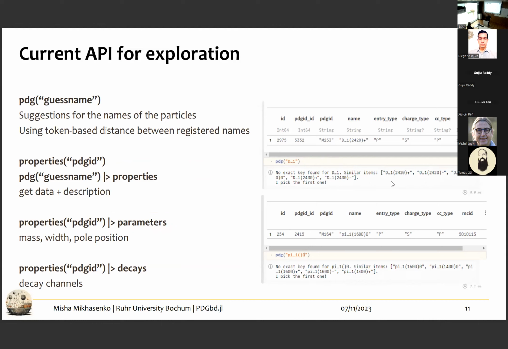Then you can correct and have the exact matching key, but you can also work with your first guess. Then you can call for properties. It will give you mass and width together in one data frame. You can follow up by asking for decays and see them in the form of a data frame. It's not nicely printed as Johannes showed us, but this is the full information in its full glory.